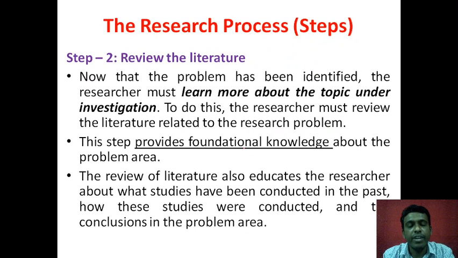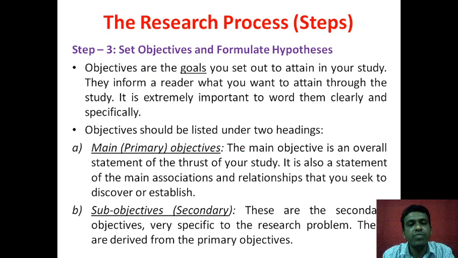Once review of literature is done, we move to the third step. The third step is where your actual research starts with respect to the problem that you have set or identified. So the third step is setting of objectives and formulate hypotheses. You have to set objectives for your research process or research.